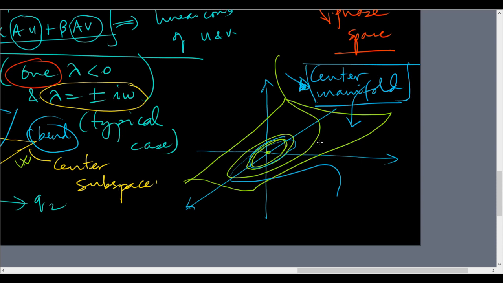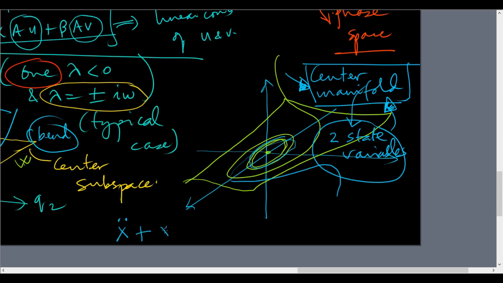We will not spend much time in this course computing what the center manifold is, but you can see that there will be two state variables involved on the center manifold, and this is really the main reason why we will spend quite a lot of time in this course studying this system, right?